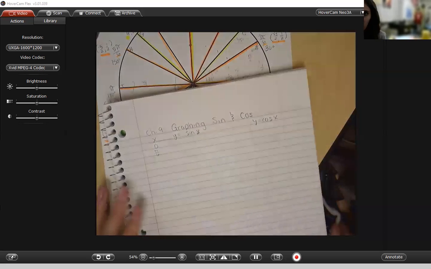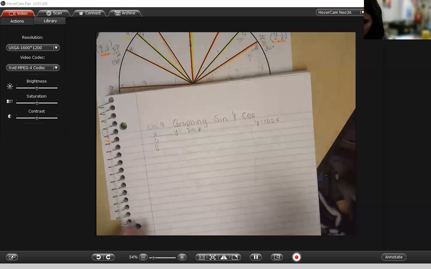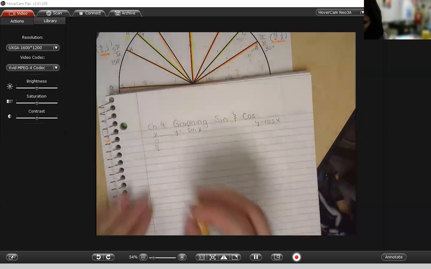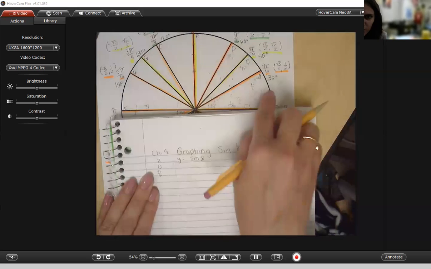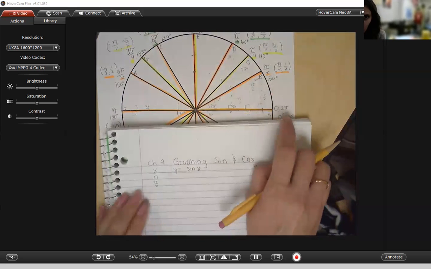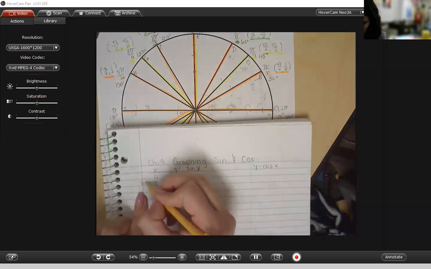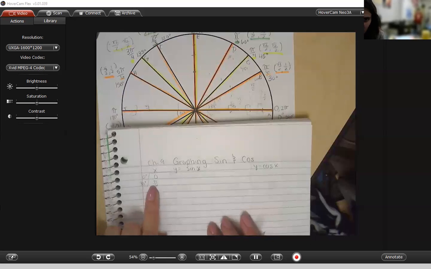And again, we are graphing these. So I'm going to just take my points from the unit circle, and I'm going to do it in radians. I could do it in degrees. This would also be 30 degrees, same thing. This would be 0 degrees, and so on and so forth. For today, I'm just going to do radians.